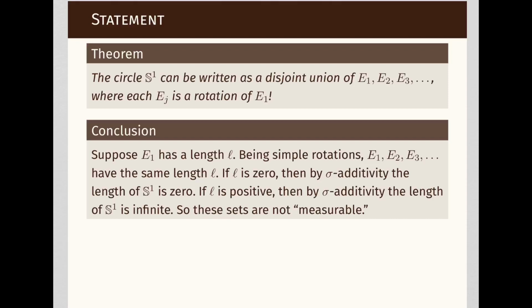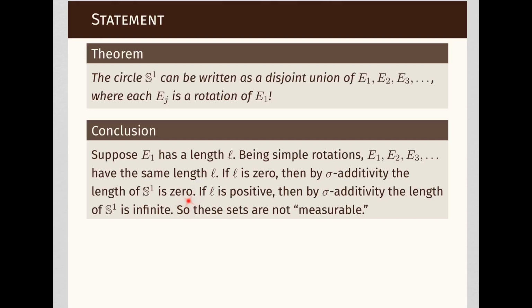Now, what is one first consequence of this theorem? Suppose that the first set of this disjoint union that builds back the circle can be measured and has a length, let's call that length L. Then all the other sets are just rotations of this one, so they will also have length L. If L is 0, then by sigma additivity, the length of the circle is 0.